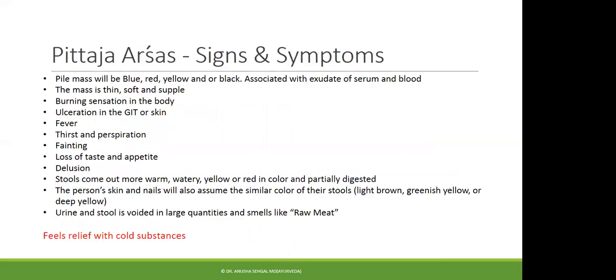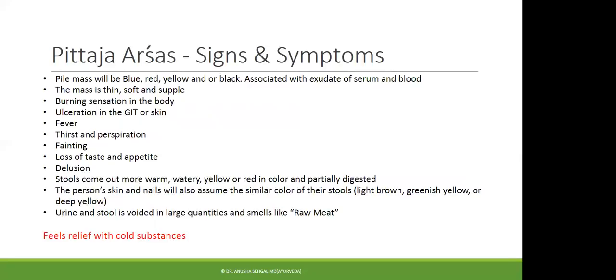The next is the Pittaja type of Arśas. So in here, the pile mass will be blue, red, yellow, and or black. It doesn't necessarily mean that it has to be exactly one of these colors. It may be a combination of these, either one or two or all of them. It's associated with a clear exudate with some blood mixed in.